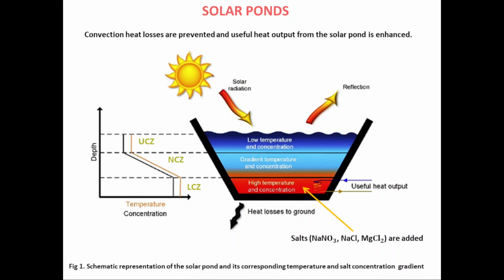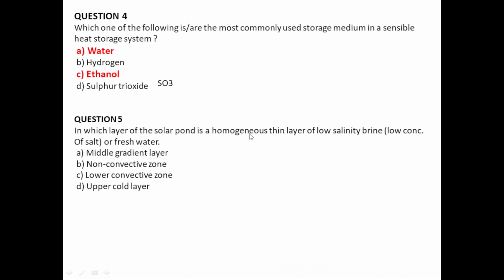Now you want to know the name of the section in this solar pond where the concentration of the salt dissolved in the water is so low that you can even call it fresh water. You can also see the profile and then describe. This is the question. Anybody for this answer?